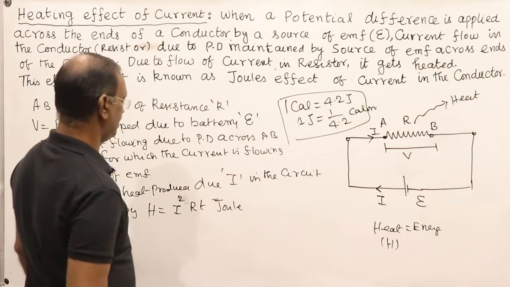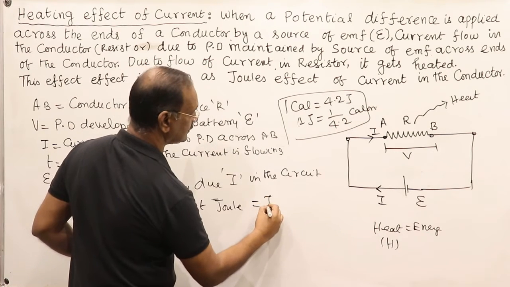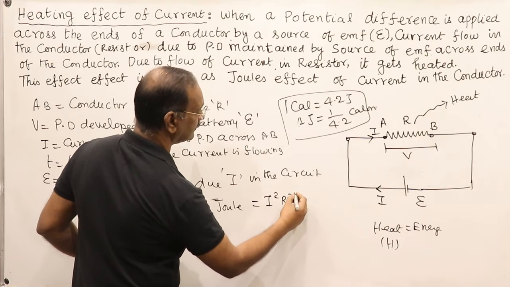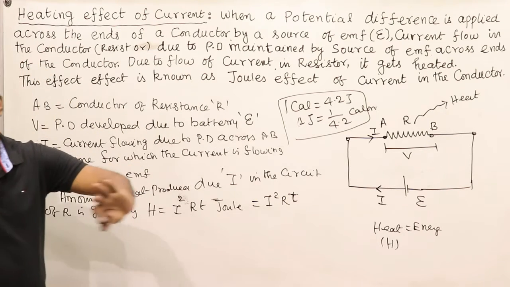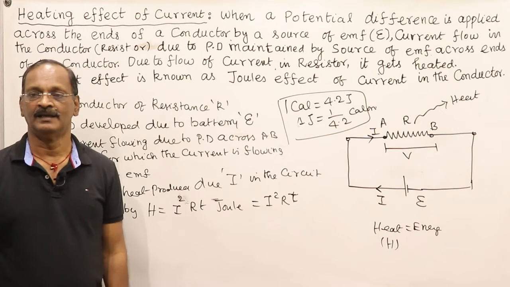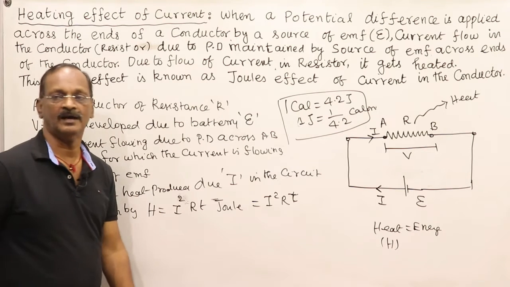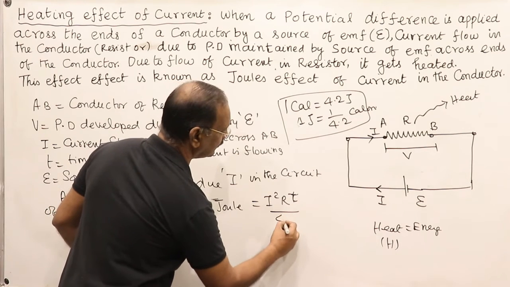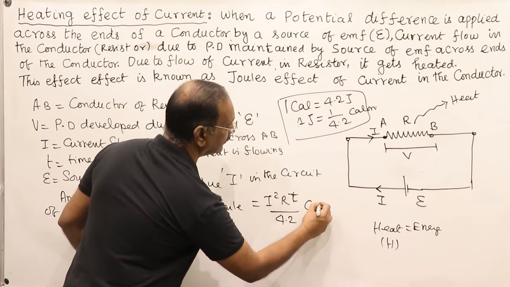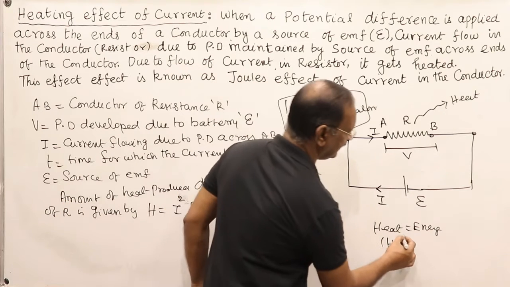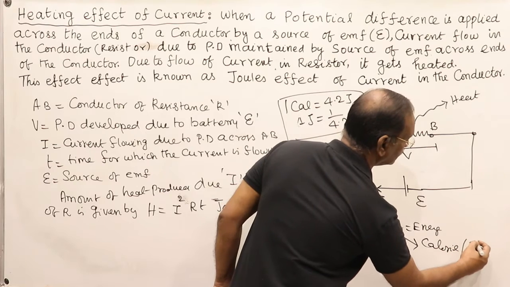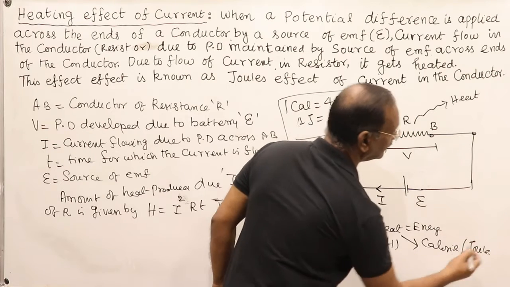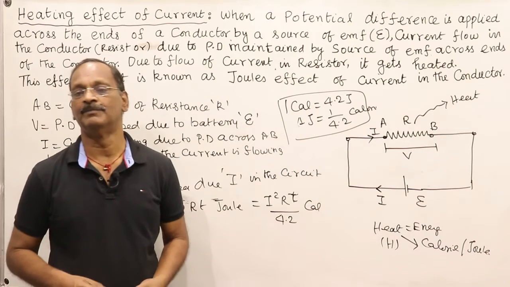So we can write H is equal to I square R T, where T is the time for which the current is flowing in the conductor, divided by 4.2, in calories. The unit of heat is either calorie or Joule. Always remember, the unit conversion is very, very important.